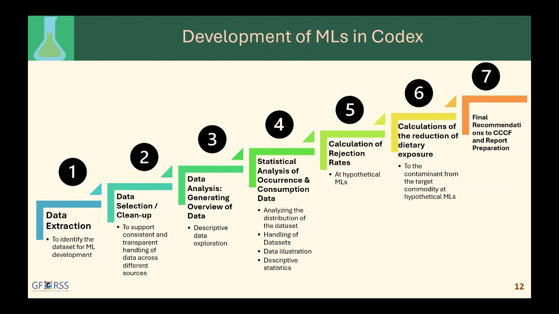Now, GFA or the electronic working group will start by extracting this data. So let's take, for example, the situation of lead, the one we will be discussing, lead in spice mixtures. They will go into the GEMS food database. They will launch a call for data first. Then they will go extract this data. They will have a data set, right?